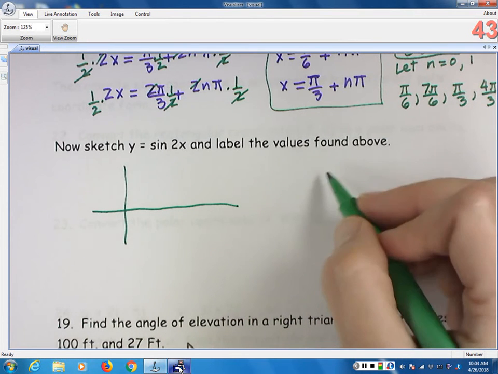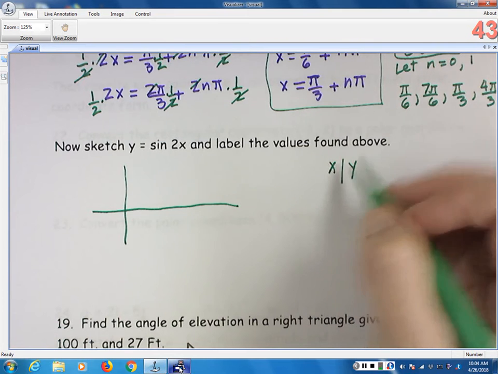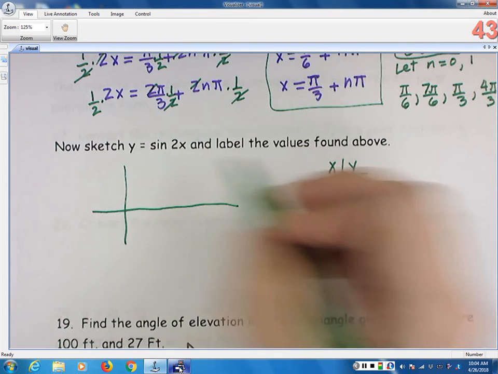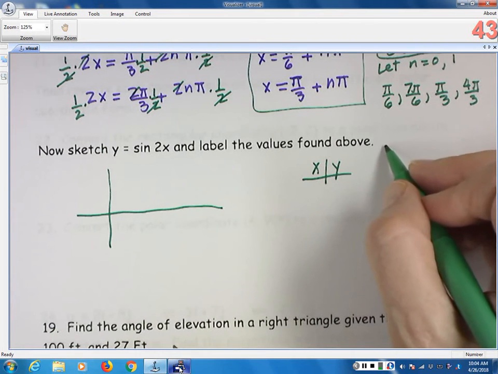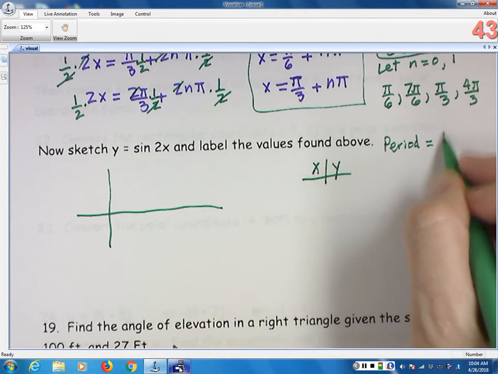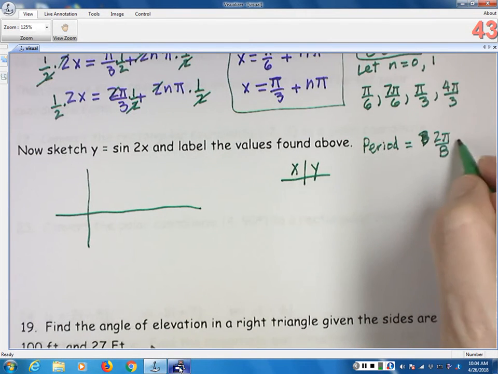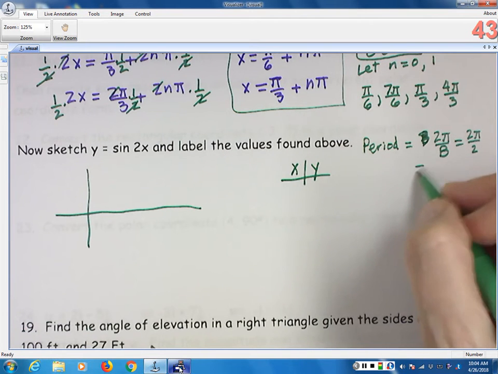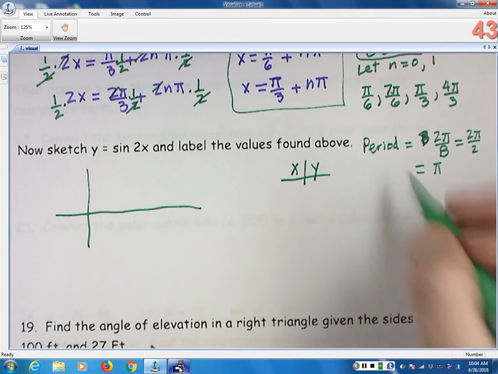All right, so x and y, its period is 2 pi divided by b, is 2 pi over 2, because b is 2, is pi.